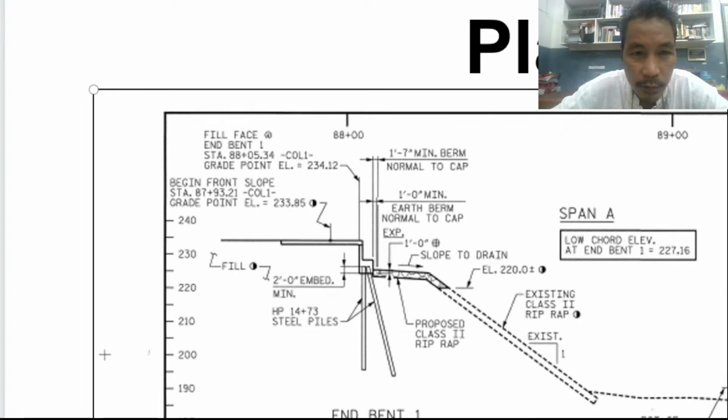So, fill face at end bent. Again, review. What do we mean by end bent in this context? So, we already took it last meeting. This end bent is part of the substructure. What is the substructure that we call end bent?